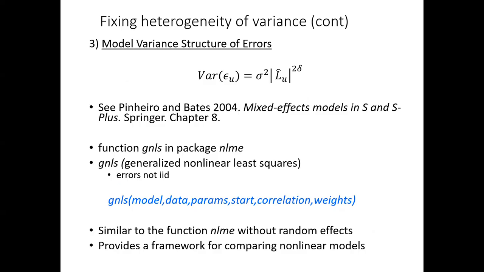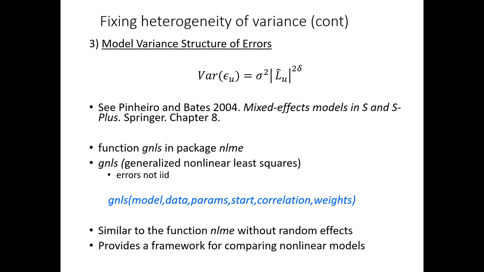The third way, which is becoming my favorite way, is to actually model the variance structure of the errors. This is a neat function that's in the package nlme, the nonlinear mixed effects models package that Doug Bates and, I forget the other guy's name, Pinheiro, produced, and it's in their book Mixed-Effects Models in S and S-PLUS, in chapter 8 in particular.